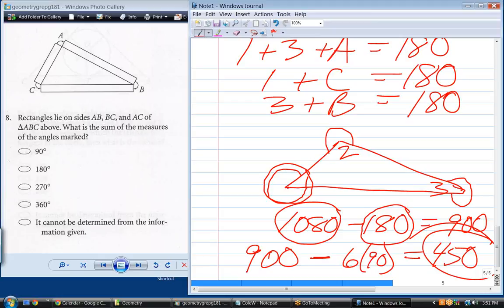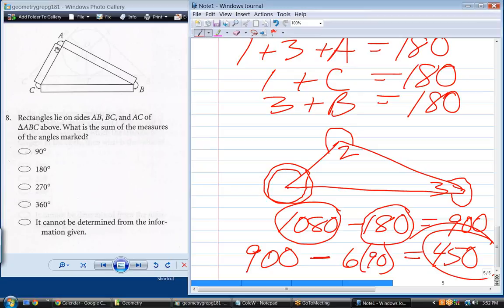Let's see. 3 times 360 is 1080. Minus the interior angles is 180. Gives you 900. And then you still have to subtract off that right angle, that right angle, that right angle, that right angle, that right angle, and that right angle, which is 6 right angles. Seems like 450 should be the answer.